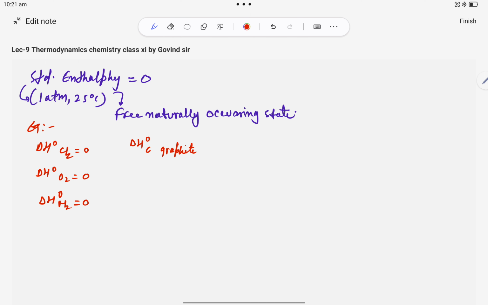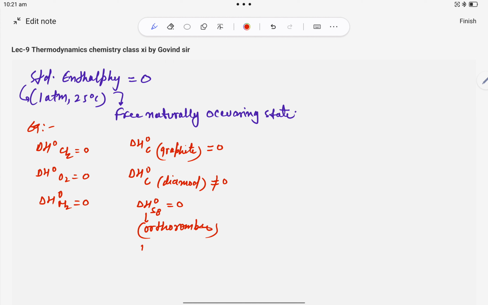Okay, graphite is naturally occurring, so here it will be 0. If delta H naught C for diamond, so in the case of diamond it is made from graphite after long process, so this is not equal to 0. Similarly, in other allotropic form like delta H naught for sulfur-8, that is 0, remaining are not. Sulfur-8 is what? Orthorhombic.